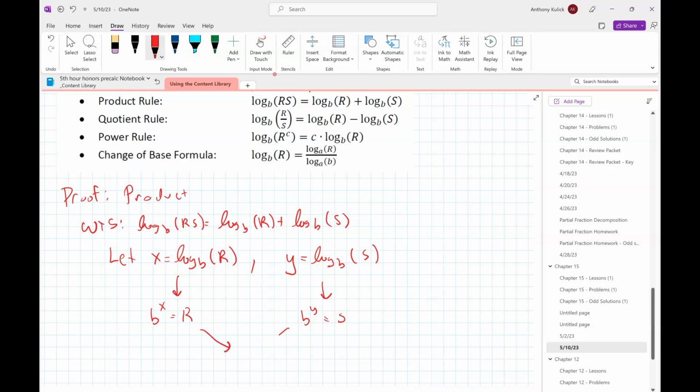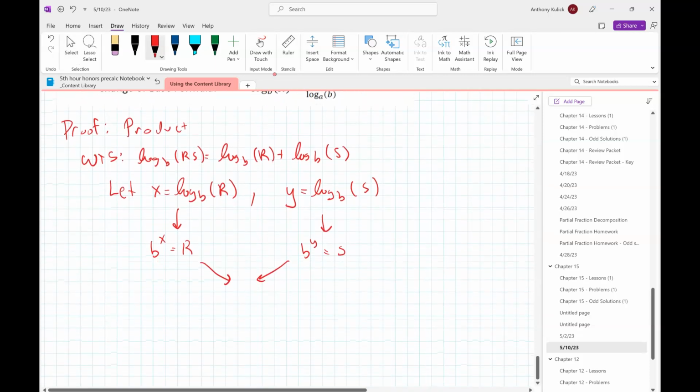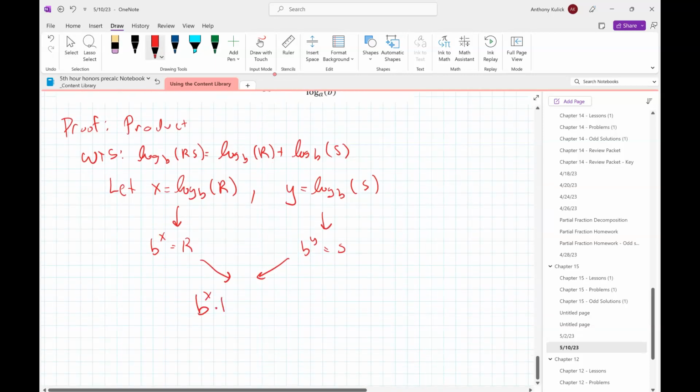Then I'm just going to multiply these two equations together. What's b to the x times b to the y simplify down to? B to the x plus y. So I'm just using the product property for exponents to do that.